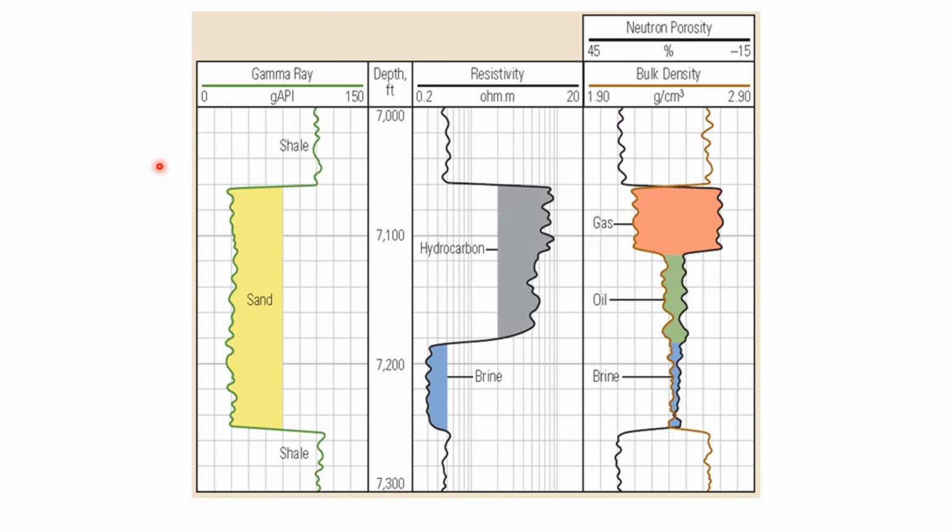In the same way, if you are doing well logging in different locations, then you will have different parameters, and it will be very easy to identify or correlate the lithology or the geological parameters in a particular area.